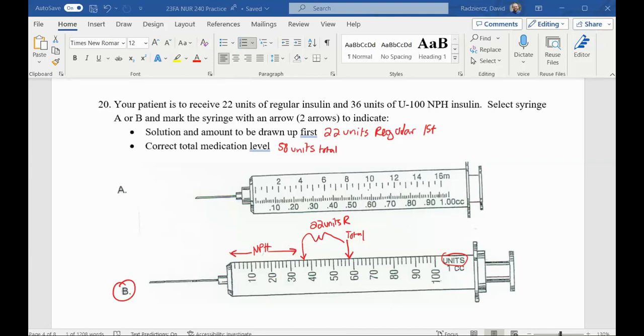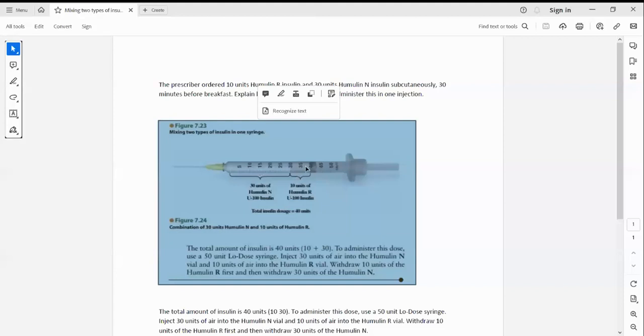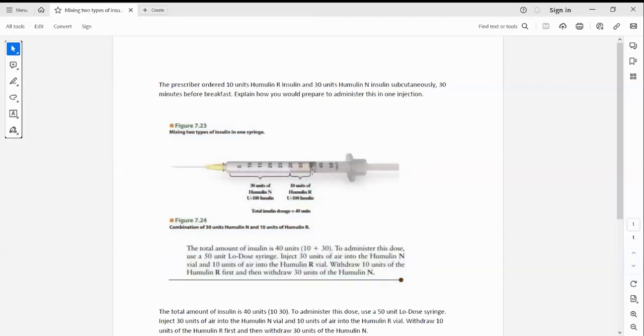I'm going to share with you an image from a textbook, and it shows you the proper way. And this is also in the share folder. It's just called mixing two types of insulin. So you see how the graphic here shows you the total amount in this example is 40.